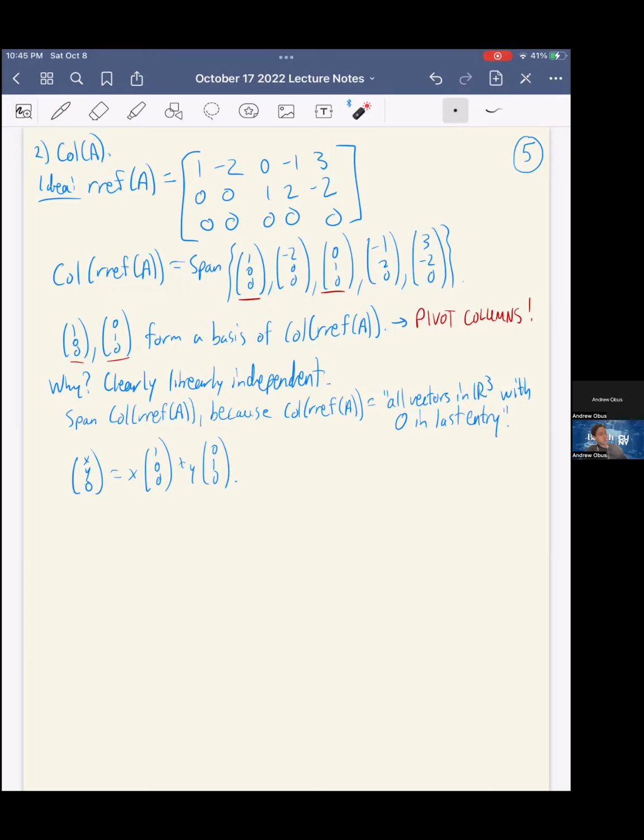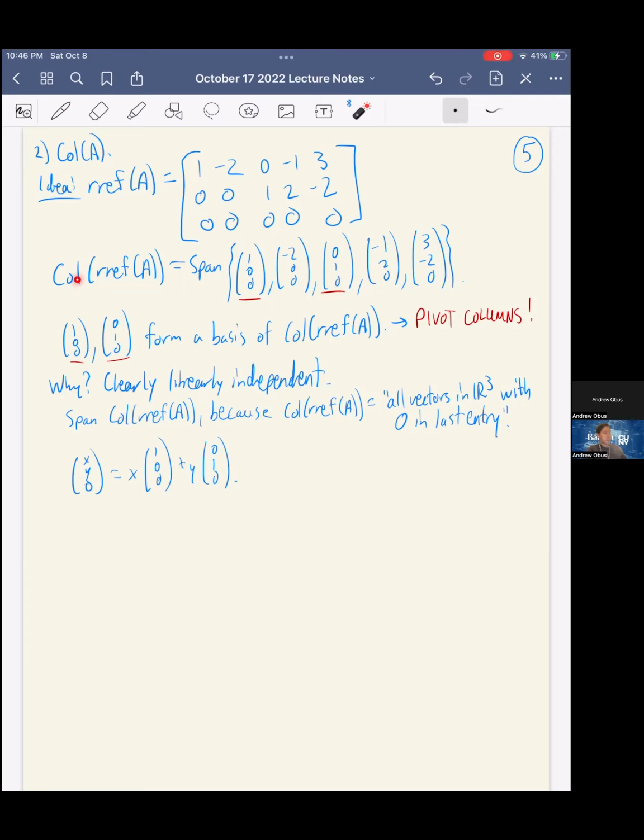They're going to look like (1, 0, 0) and (0, 1, 0). And if there was another one, it would be (0, 0, 1), right? And so these things will span the column space, and they will be linearly independent. But that doesn't tell us how to find the column space of A, right?